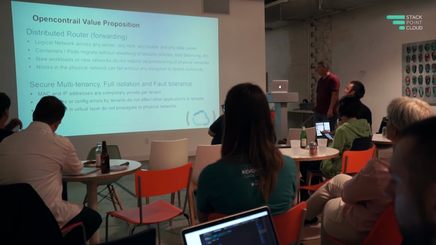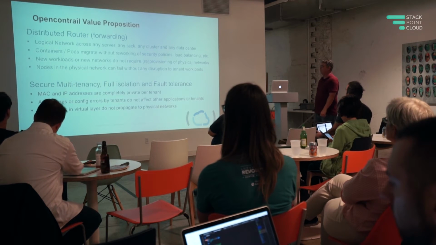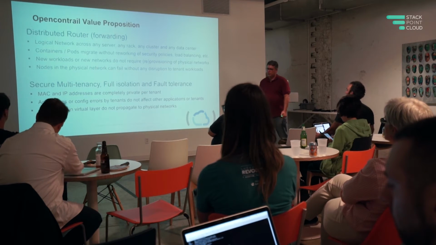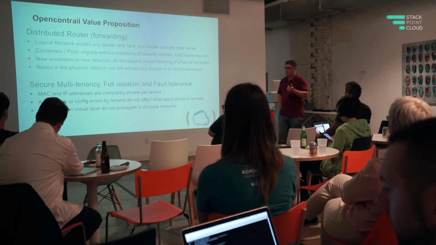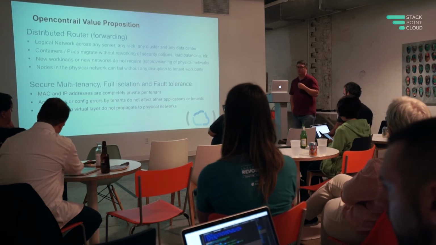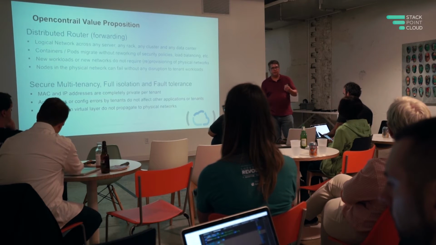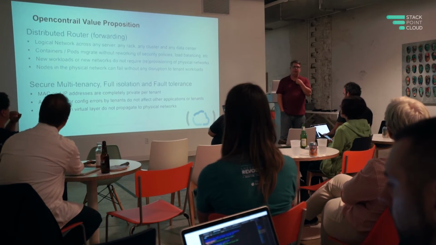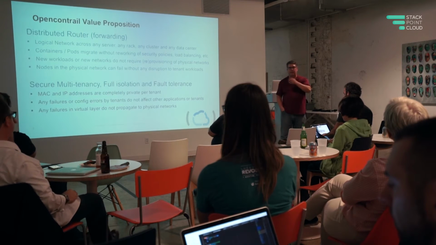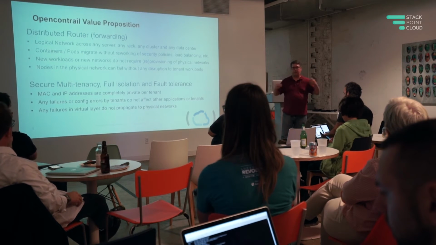So for me, there are a couple of primary value propositions for OpenContrail in general. The first is distributed forwarding, right? Where we can, we don't want to have to gateway through something for services. So if I can have an ingress device send traffic directly to an egress device without having to go through an intermediary gateway to decide you're on network 1, network 2, right?